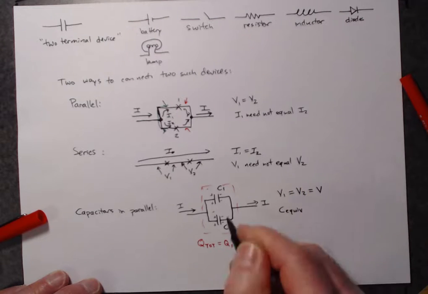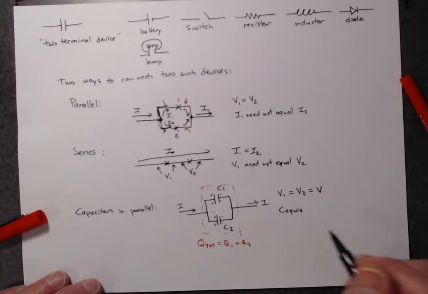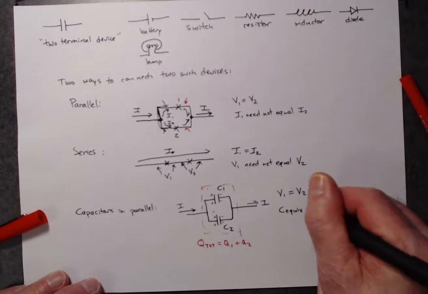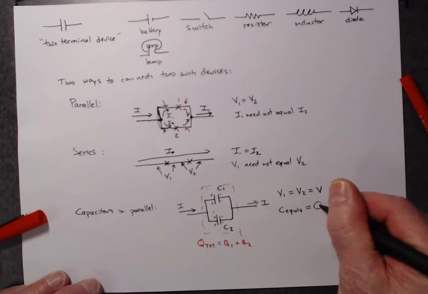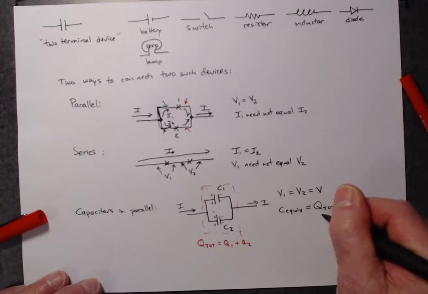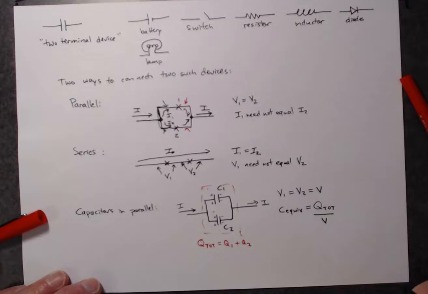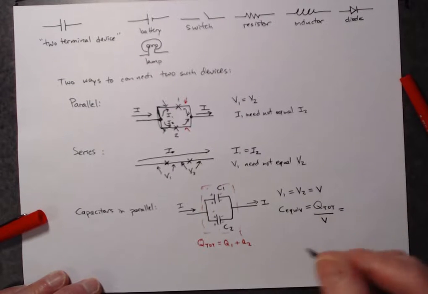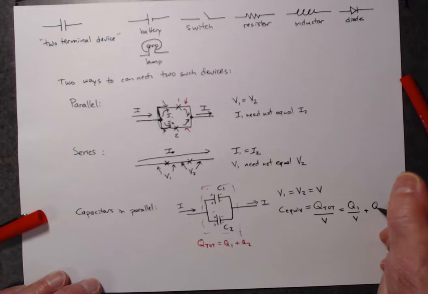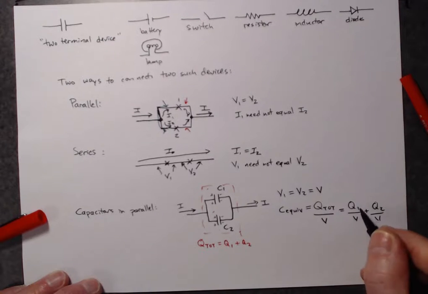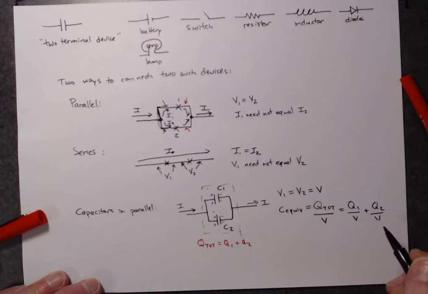So as viewed from outside the box, this looks like an equivalent capacitance. And remember, the definition of capacitance is charge, which in this case would be total charge, divided by the voltage. So that's Q1 divided by V plus Q2 over V. And we recognize Q1 over V, that's just C1. Q2 over V is C2.